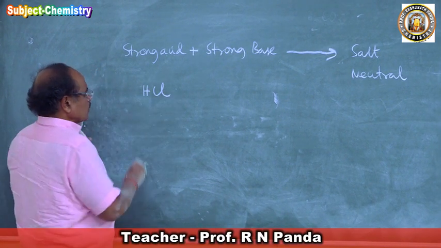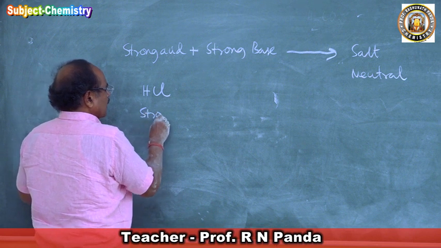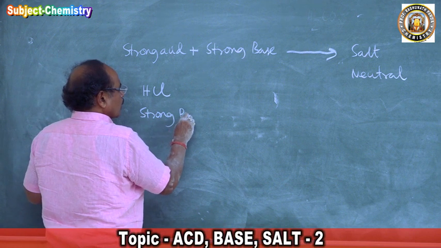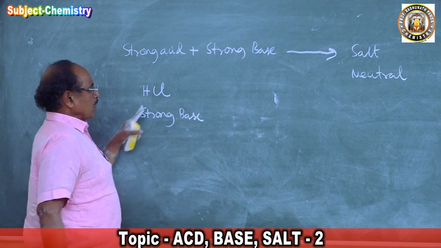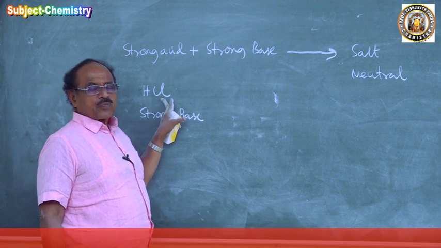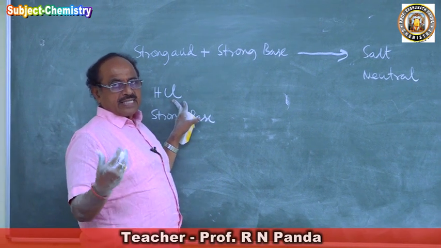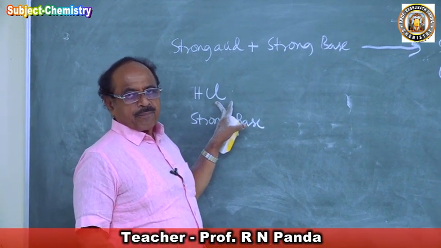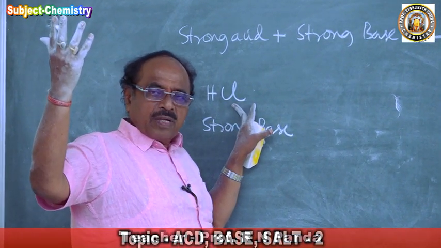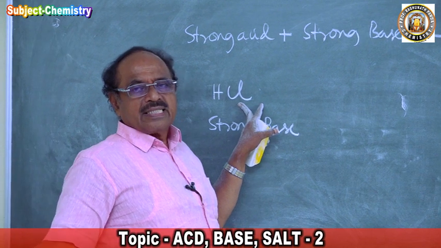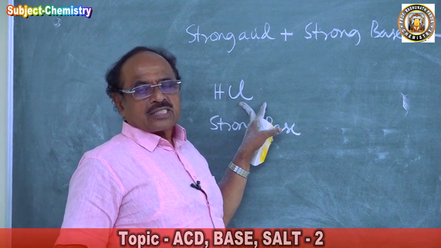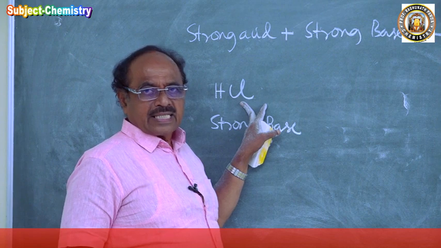Hydrochloric acid is a strong acid because chlorine belongs to which group? Group 7A, or group 17 of the long form periodic table. The higher the group number, the stronger is its negative character, and the stronger the acidic character.